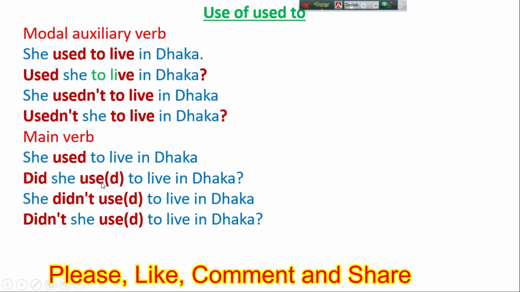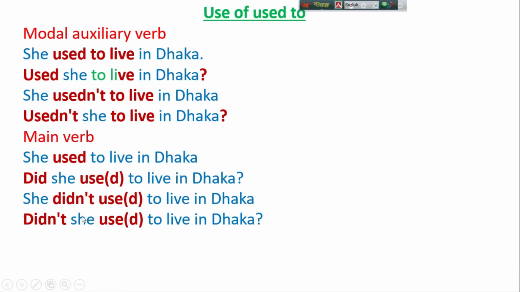She didn't use or used to live in Dhaka. Here use or used is also the main verb. It is the negative sentence with the help of didn't. Didn't she use to live in Dhaka? is the interrogative sentence. Here used to is the main verb and it is made with the help of didn't.